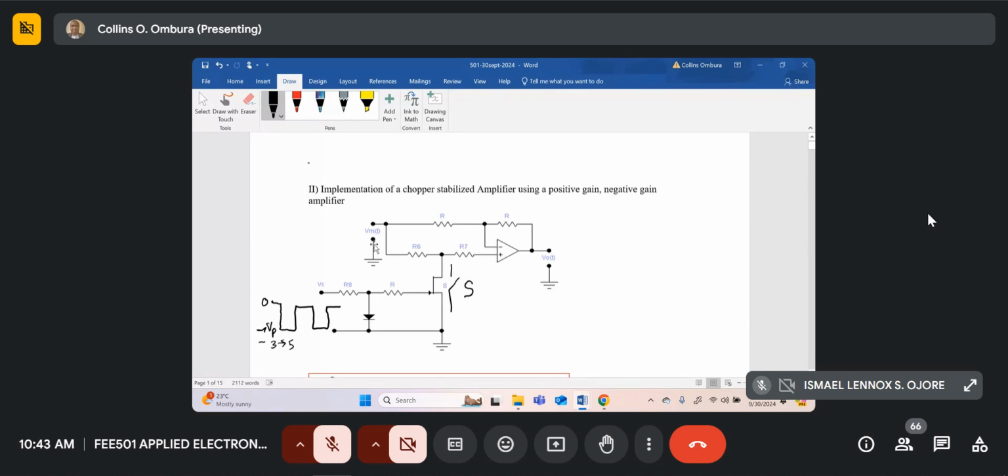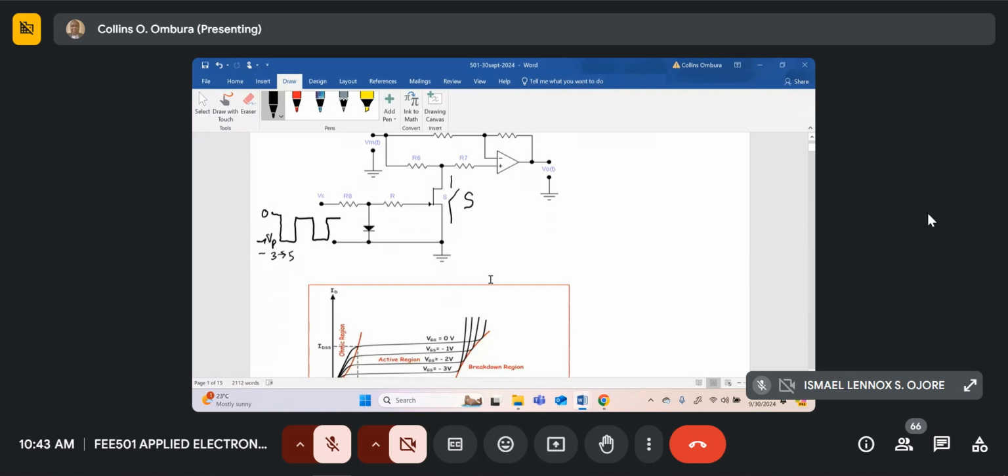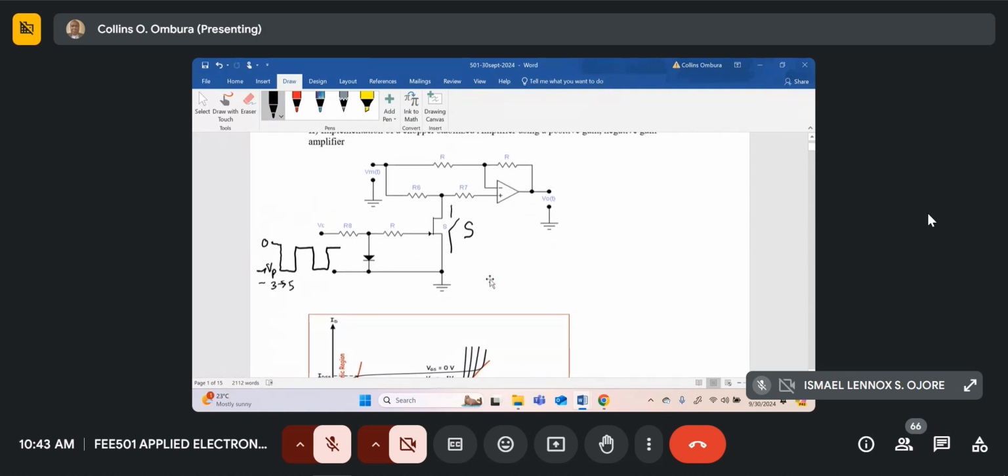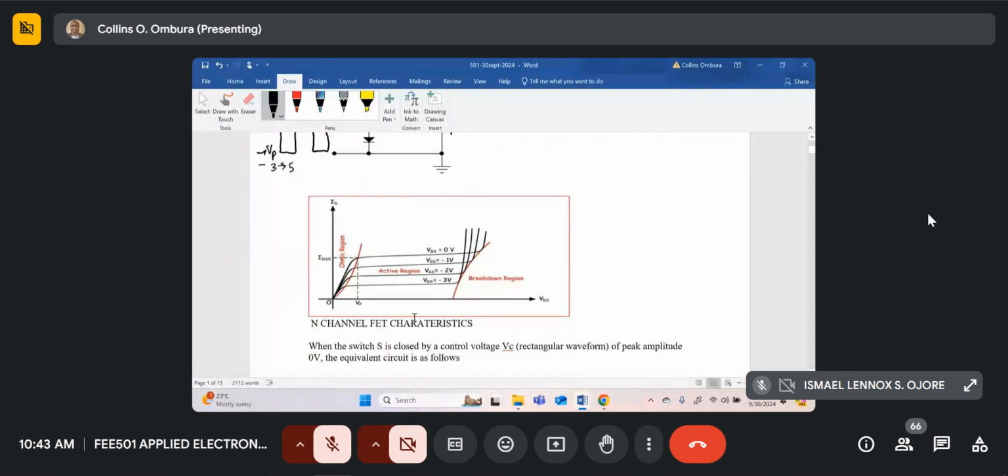Hence the name positive negative amplifier. Now each of these units or blocks will be used as a modulator and demodulator, so we shall see it later on. Now in my modified notes, I've given you the general characteristics of an N-channel FET.